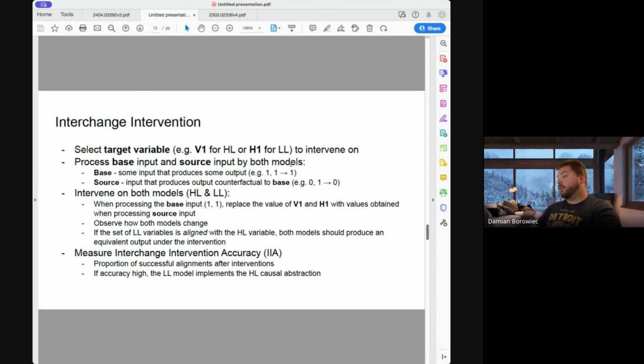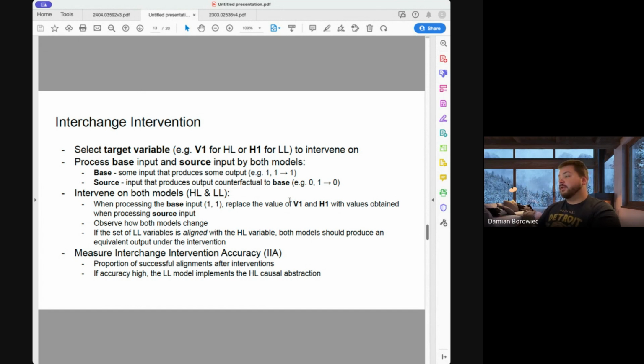And then we would intervene on both models, the high-level model and the low-level model. When we process the base input, in this case 1 and 1, we would also process the source input with both models. Then we would take the value for the target variable from the source, and fix the base to that value.